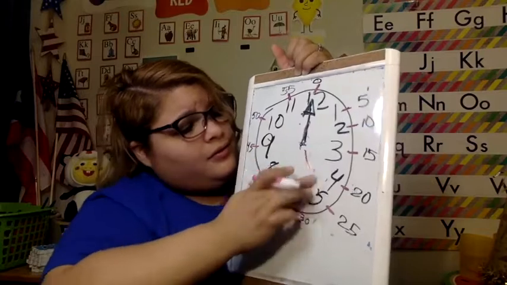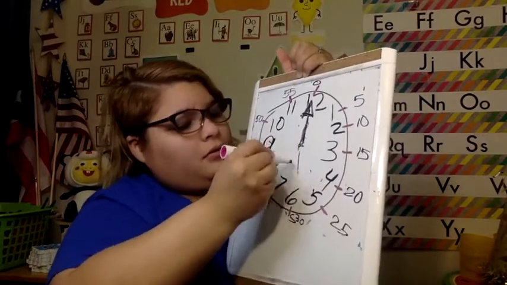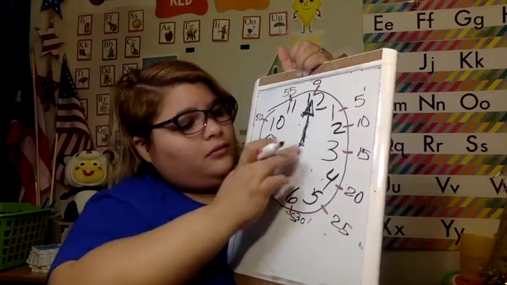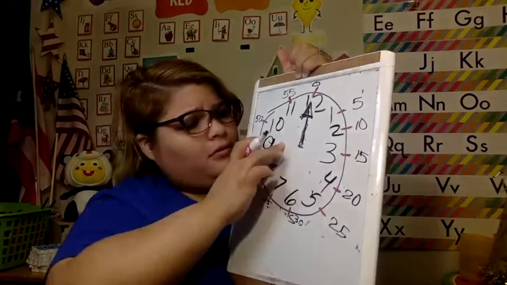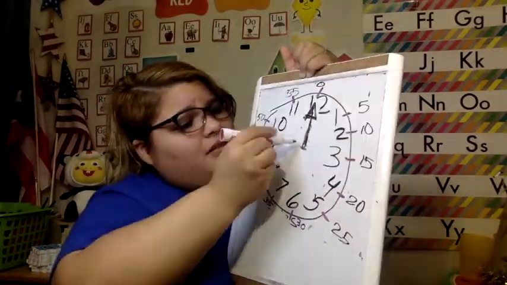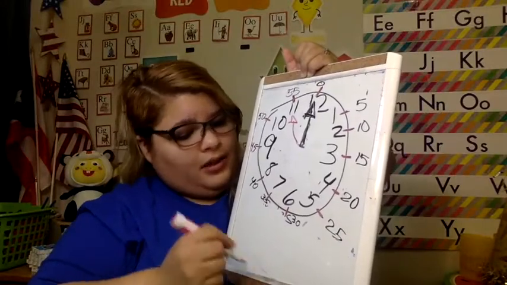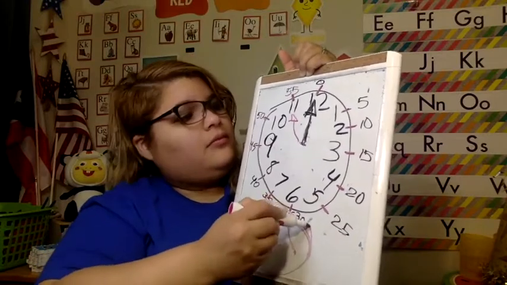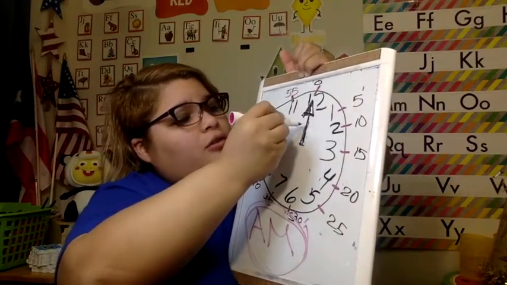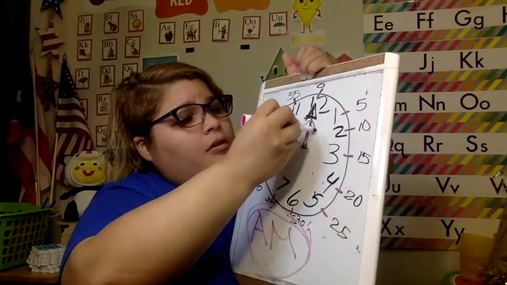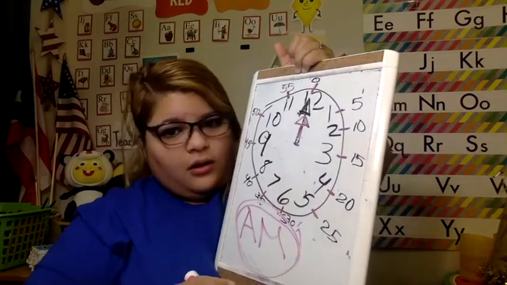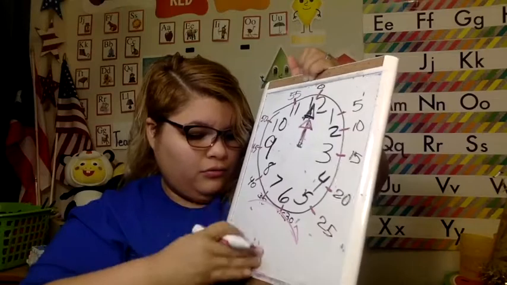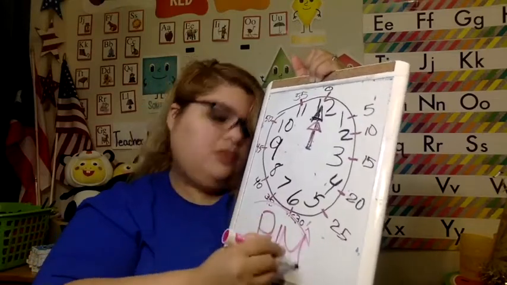Then 5 o'clock. 6 o'clock. 7 o'clock. 8 o'clock. 9 o'clock. 10 o'clock. 11 o'clock. And we are right now in AM. Okay? It's still morning. Then we go back to 12 o'clock. So because we got to the 12, it changes to PM, which is the afternoon.